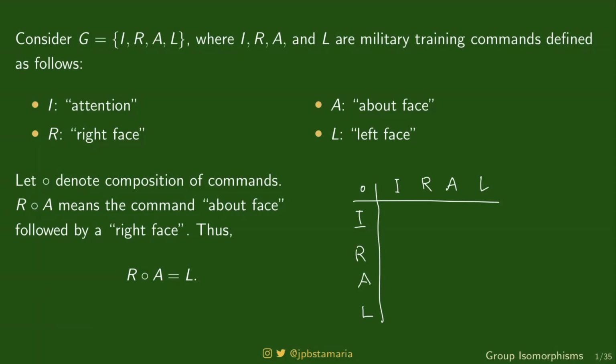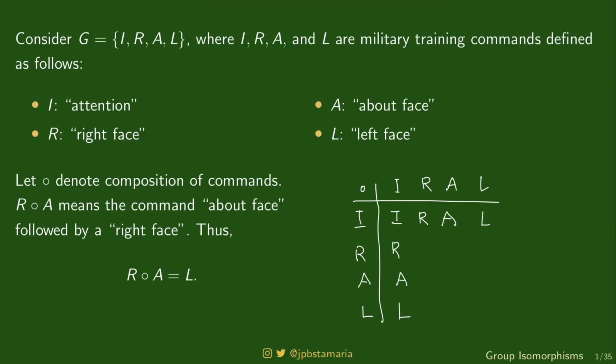If you compose it with some other command, it will give the same command. For example, two attentions will give you an attention. Attention circle right face means right face muna bago attention, so that's R. Likewise A and L. Even when you compose R circle I, that's going to be R, and likewise A and L.